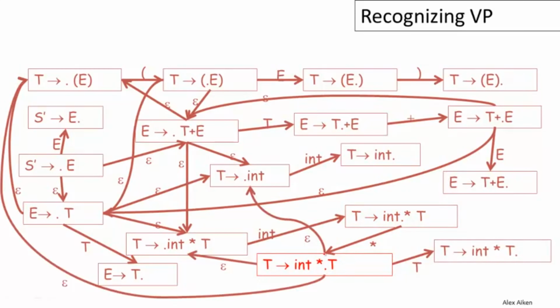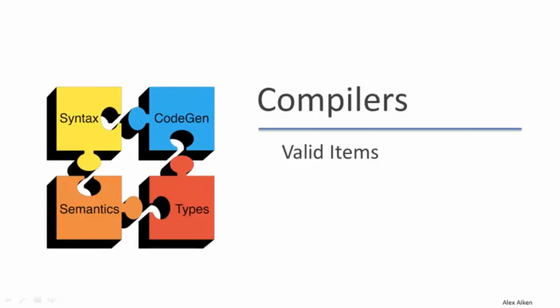But then we would need to see something derived from T. In this case, we would make a transition to one of the three states that begin the productions for T. And that's the full automaton. Those are all the states and all the transitions for the automaton that recognizes the viable prefixes of this grammar.